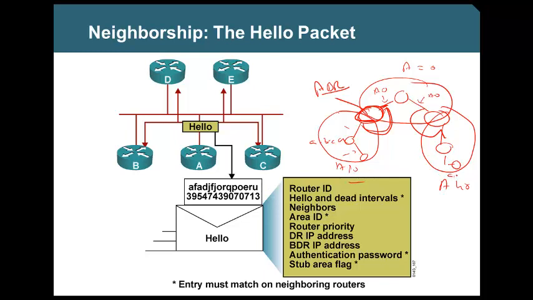Now, where is the virtual link coming into the picture for you? That is a different story. We have not gone to that side. Then you need a virtual link because area 40 is coming in between 50 and area 0. If area 50 doesn't have a connection to area 0, then area 50 will not have an ABR.